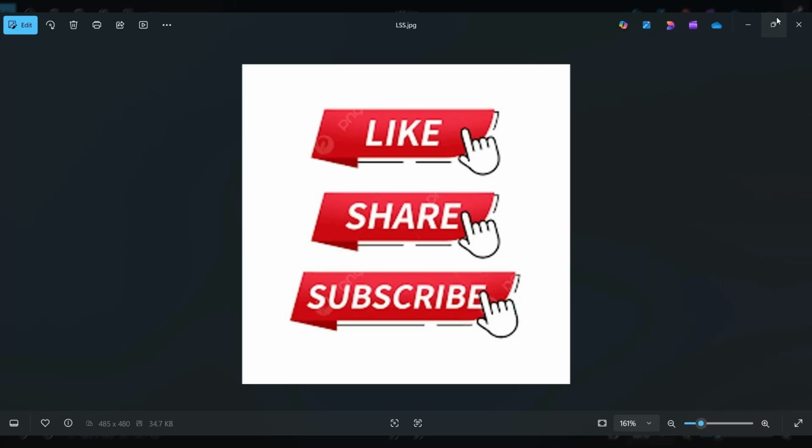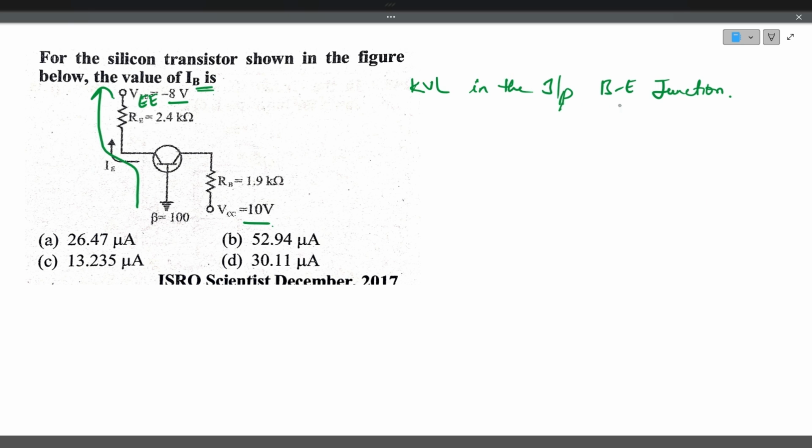Apply the Kirchhoff voltage law in the input loop of the base emitter junction. In this direction, you will have first VBE as 0.7, and then comes IE RE, the voltage drop across the emitter resistance, and then VEE. So VBE plus IE RE plus VEE is equal to 0.